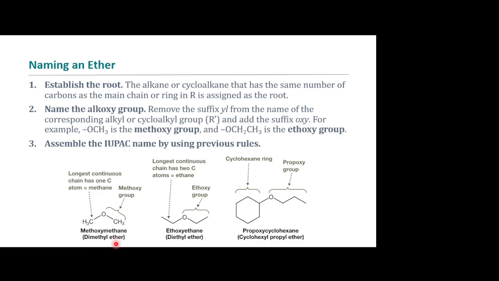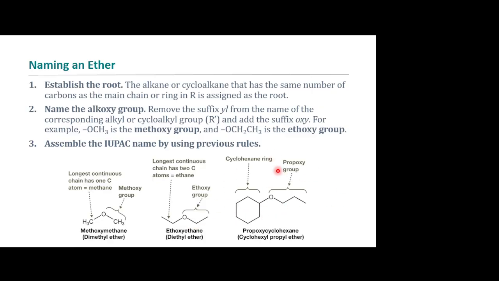I like the common naming. It's faster. But, oh well. IUPAC disagreed with me. So this one right here, we have an ethane on both sides. So it ends up being ethoxy ethane. If you were naming this using common naming, it would just be diethyl ether. Two ethyl groups, ether.